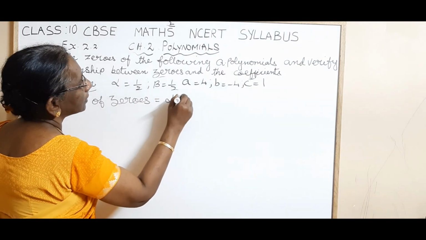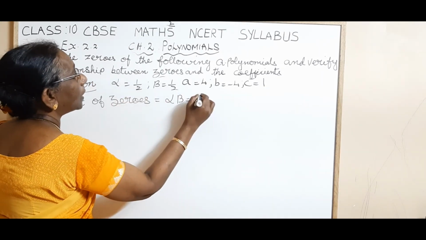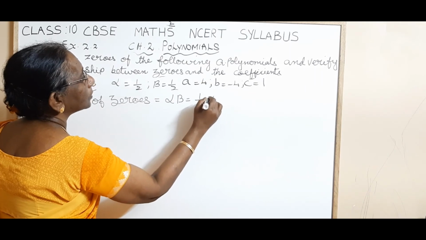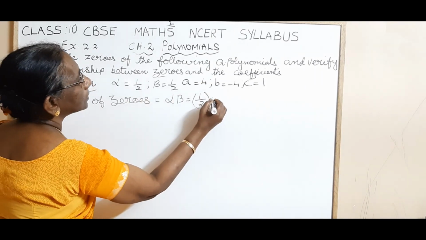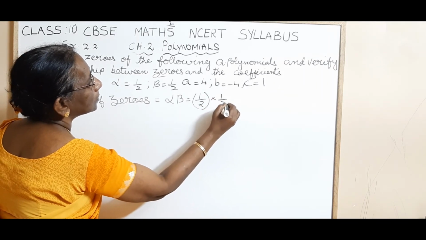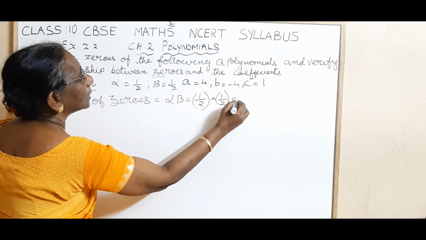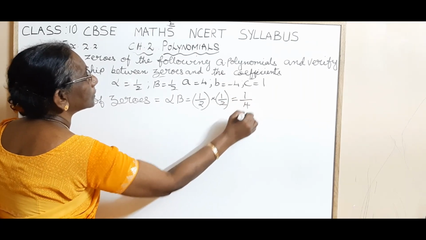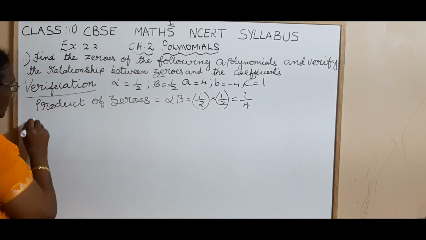Alpha into beta, that is equal to alpha, which is 1 by 2, into again beta, which is 1 by 2. So when you multiply, what do you get? 1 by 4. Now it should be equal to what?